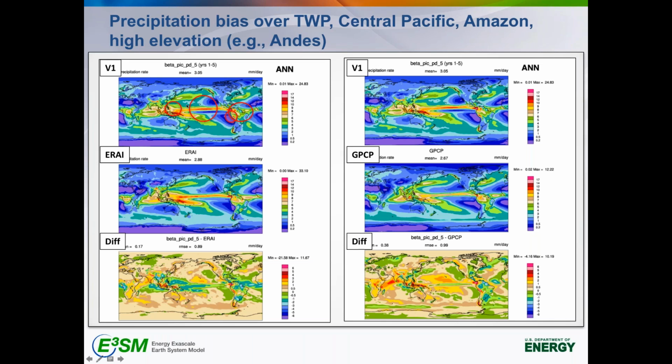So this is just a figure showing the biases I was talking about. And you can see that first we have low precipitation in the tropical Western Pacific, and we have the maximum precipitation in the Central Pacific. And these two features are not desirable for having ENSO signal, because ENSO actually depends on the difference of the relative strength of precipitation in the western and eastern side of the Pacific.